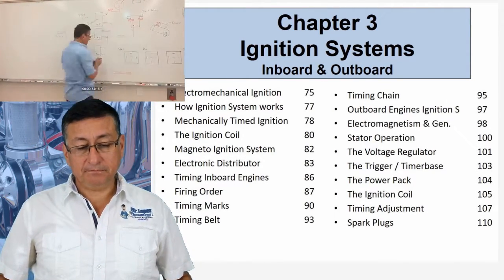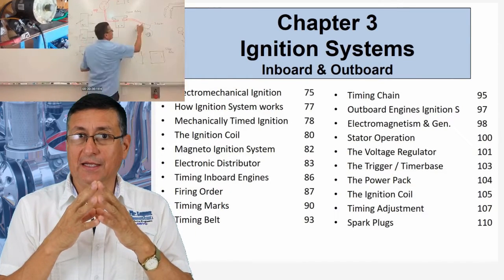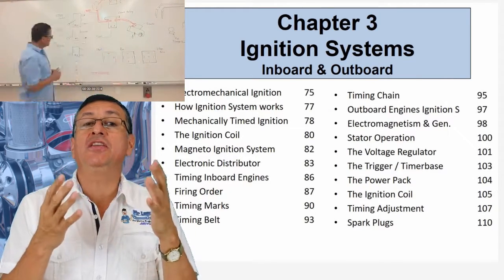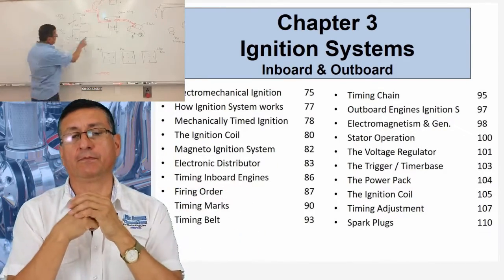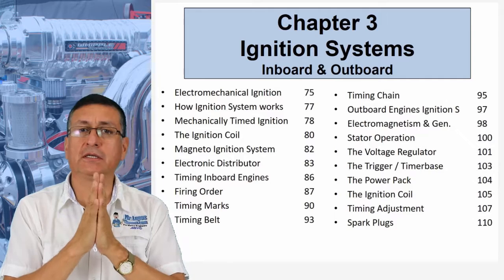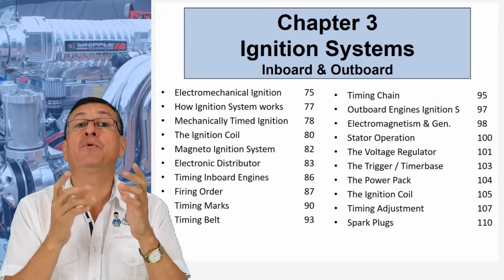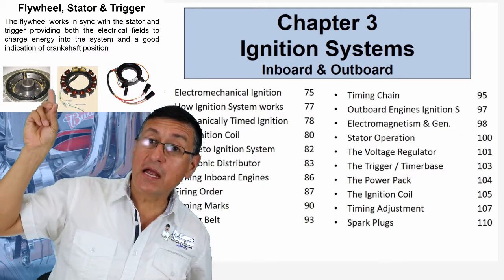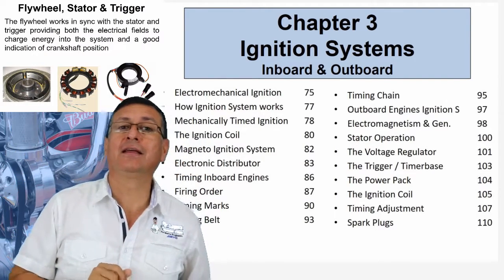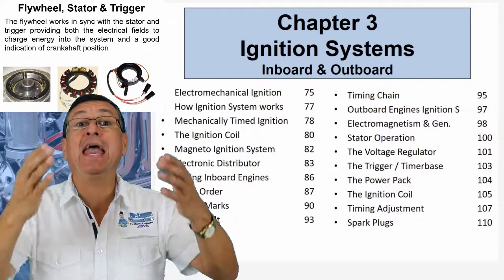Alright, this is important. If the engine does not produce its own power, the engine stops suddenly. In outboards, the engines produce power on the flywheel with that coil; the outboard produces AC power.